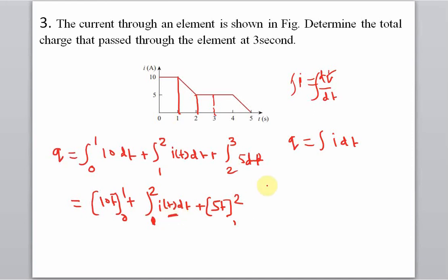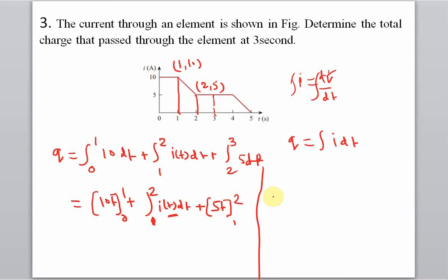Let's find it. If we see the coordinates of this point, it will be (1, 10), and the coordinates of this one will be (2, 5).